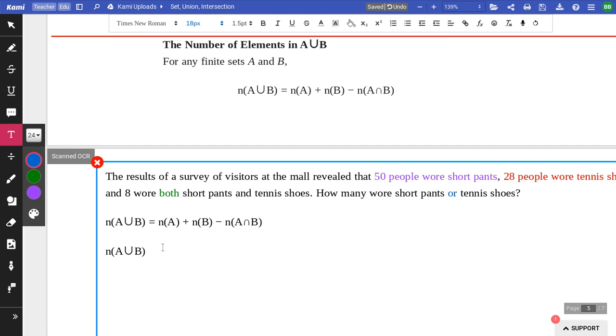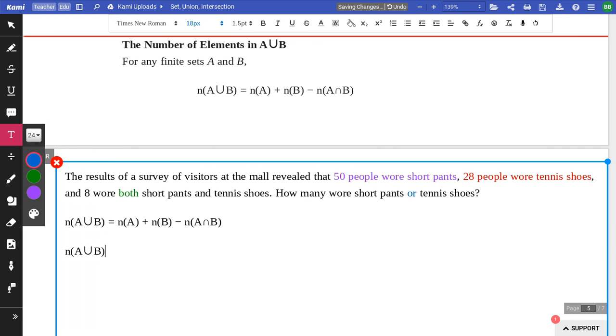So let N of A represent the 50 people who wore short pants. So that's 50 plus N of B, let that represent the 28 people who wore tennis shoes. And then we have to subtract the people that wore both, the and. So 8 people wore both short pants and tennis shoes to the mall.